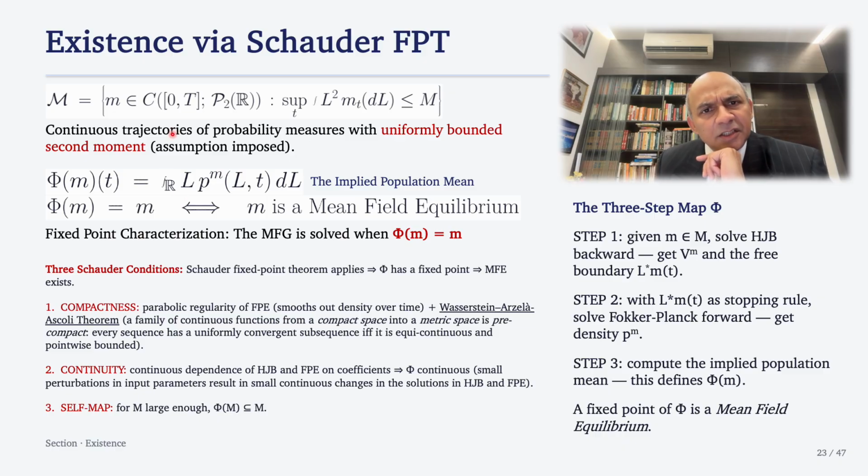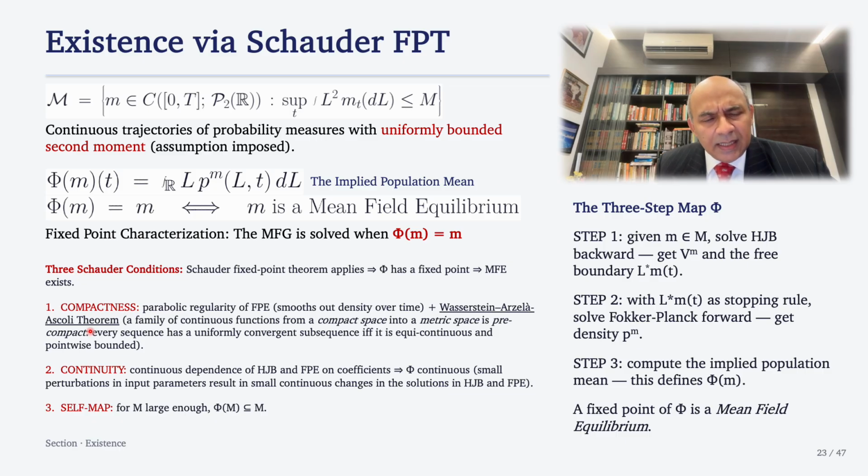The function space is the set of continuous trajectories of probability measures with uniformly bounded second moment, closed and convex in the Wasserstein topology. We verify the three Schauder hypotheses: we've got continuity, we've got self-map, and we've got compactness.